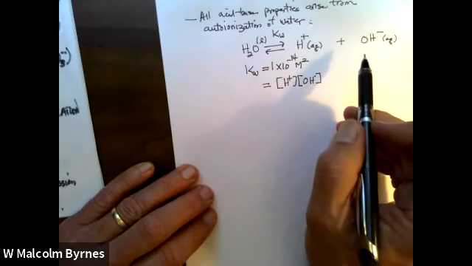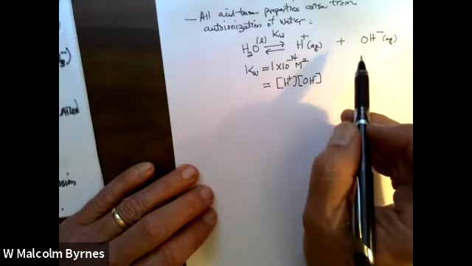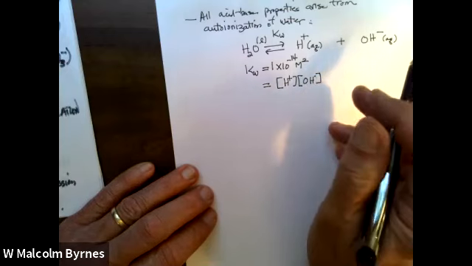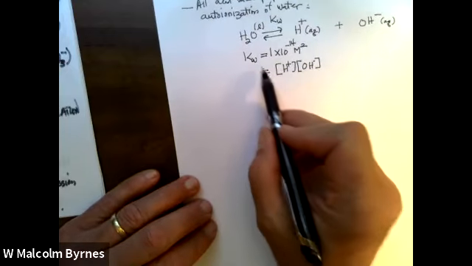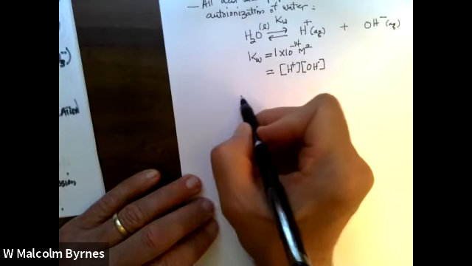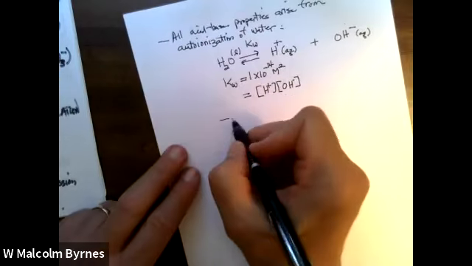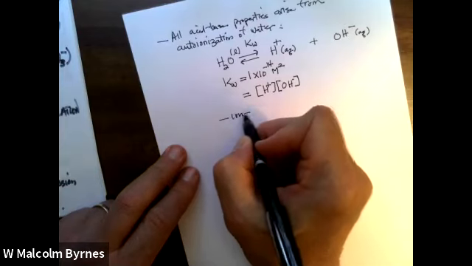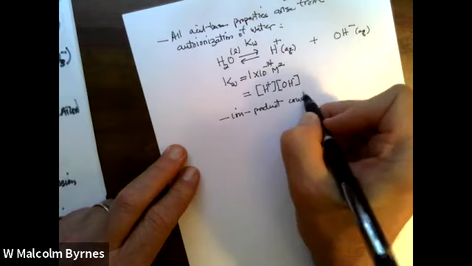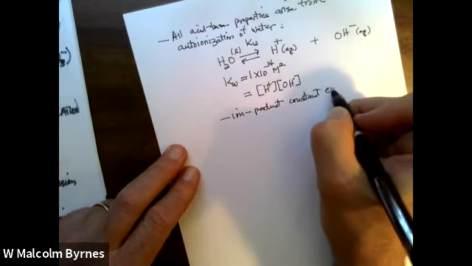And that's because the concentration of water in water is constant. It's very high and constant at around 55 molar. So we can think of it as a constant and simply incorporate it into K sub W and ignore it in this equation. All right, so again, this is called the ion product constant expression.